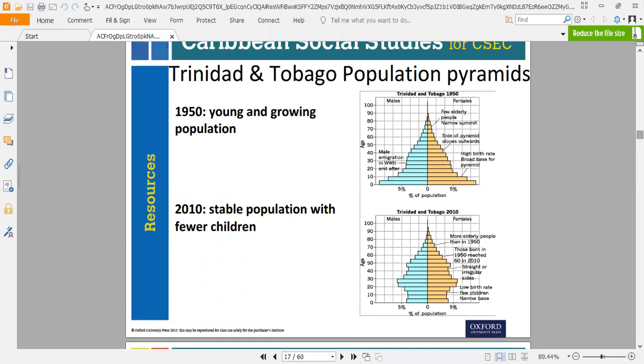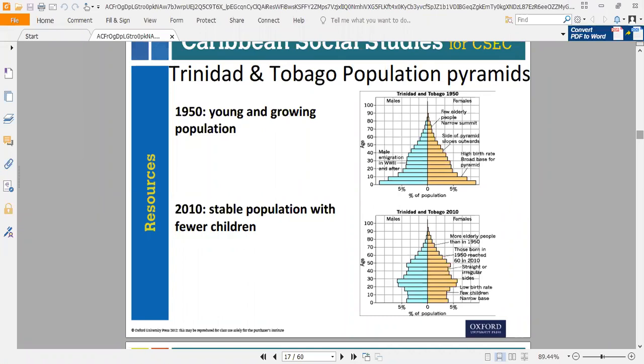In 2010 now, we realize that the population is stable with fewer children. So if we look at the population, we realize that no area of the population in terms of distribution of age and gender is significantly larger than any other, right?